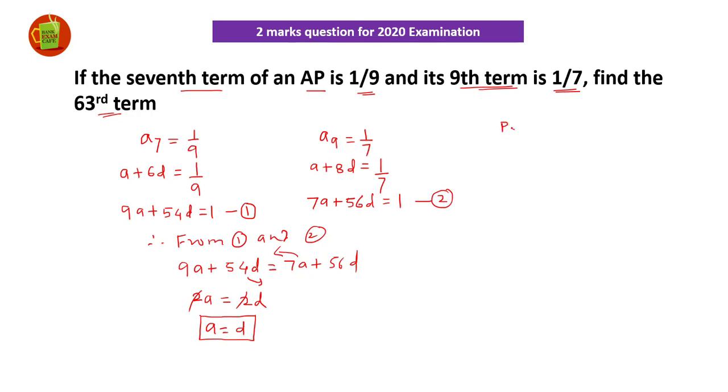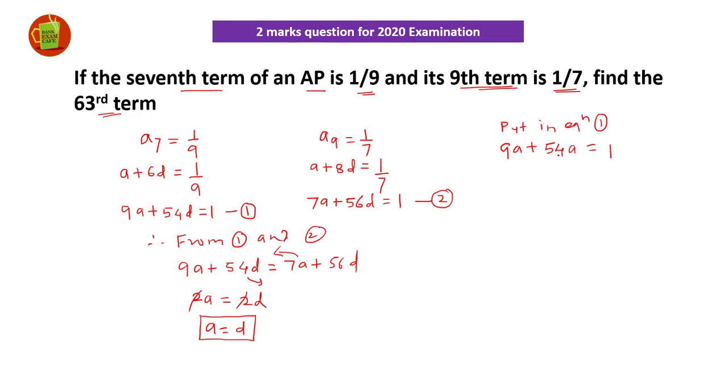So put it in equation 1. So this will be 9A plus 54D. D we are replacing by A, so it will be 54A, which is equal to 1.